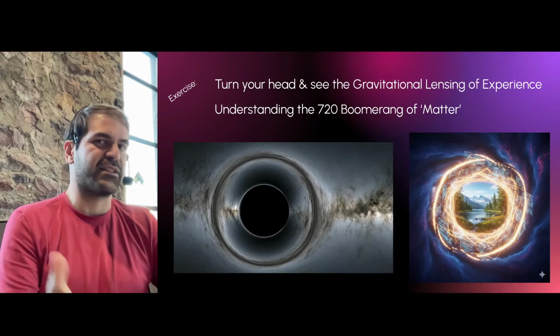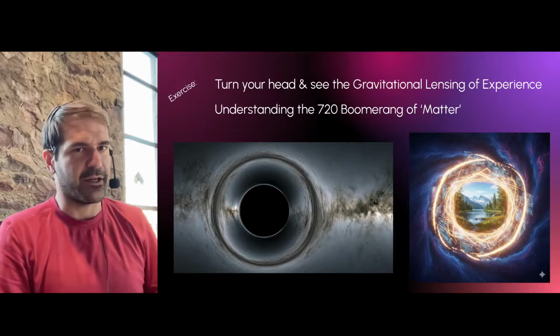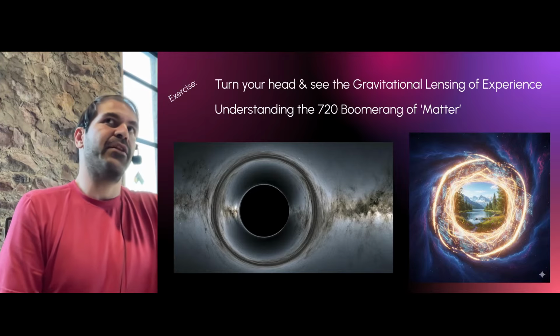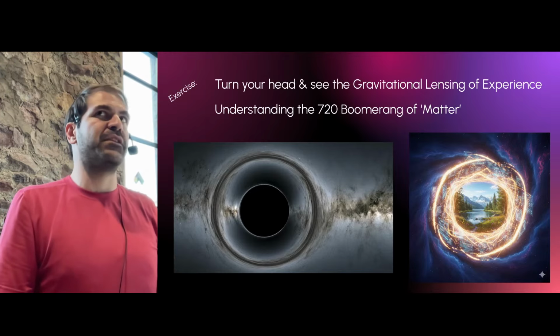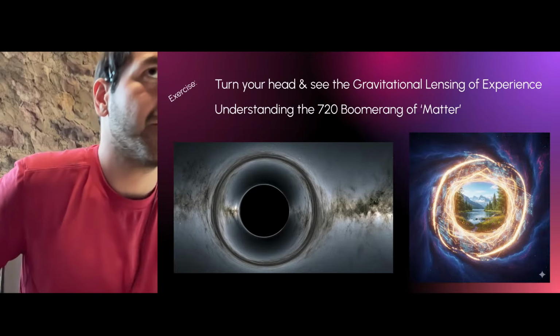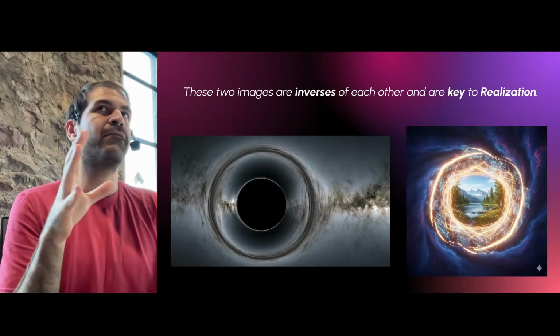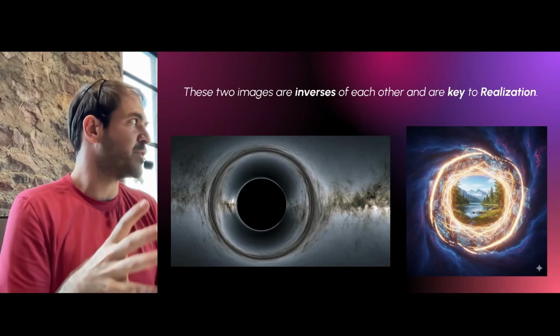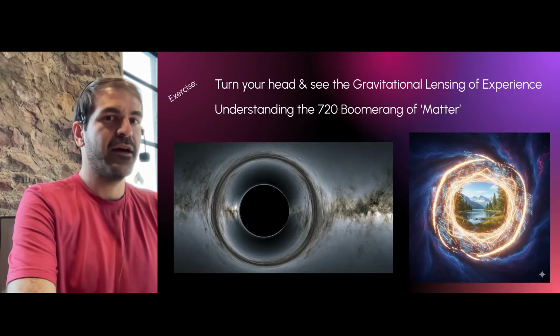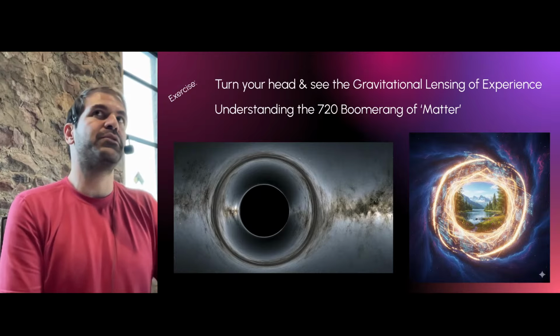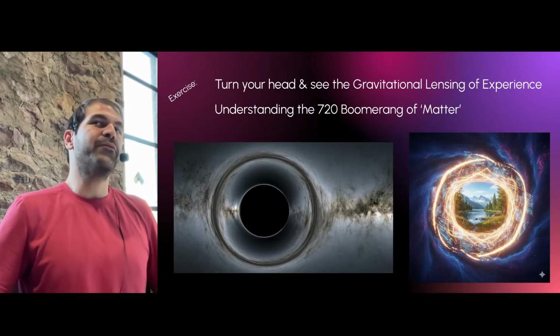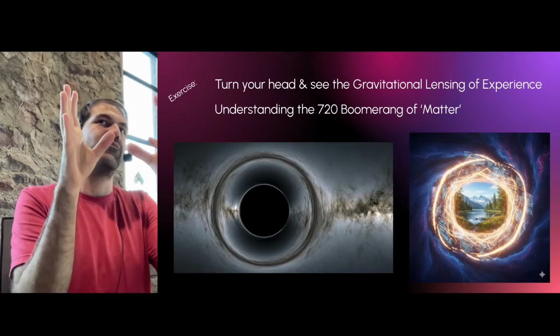So this takes us to that exercise that I was talking about. Those two visuals are inverses of each other. I write that here: these two images are inverses of each other, and they're key to realization. Because what we want to do is be able to turn our head. So you have to start with seeing the visual.